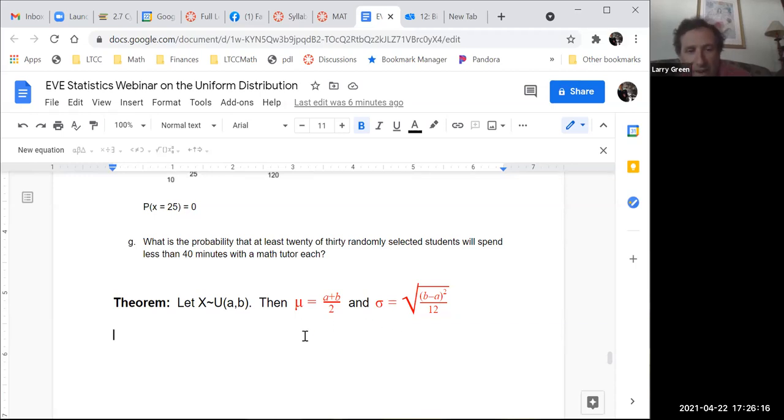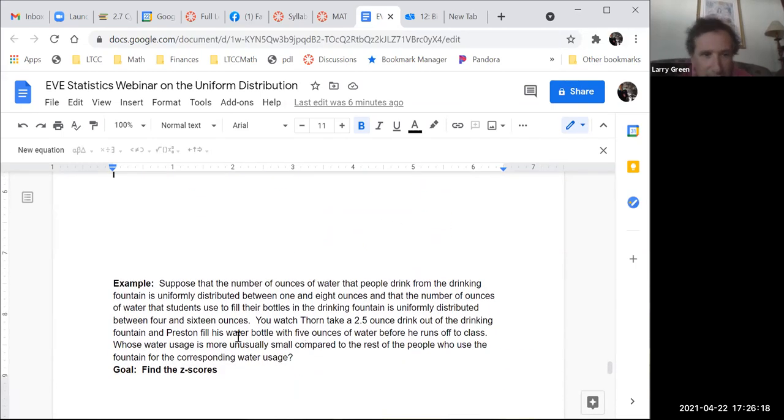Okay, so now I have an example. Suppose that the number of ounces of water that people drink from the drinking fountain is uniformly distributed between 1 and 8 ounces, and that the number of ounces of water that students use to fill their bottles in the drinking fountain is uniformly distributed between 4 and 16 ounces.